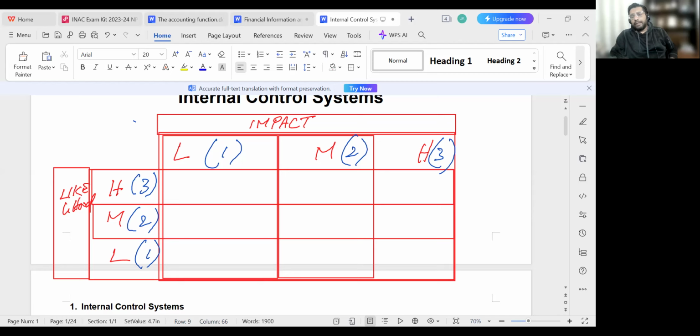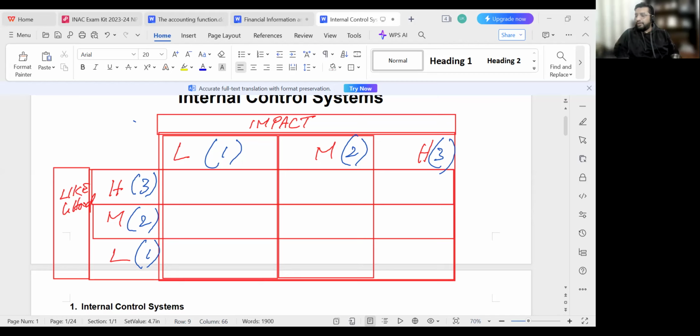But impact: if someone is going to steal some inventory, they cannot steal all of it or a big portion of it. What they can do is steal just a couple of units. So the impact of that on an organization is going to be low, right?